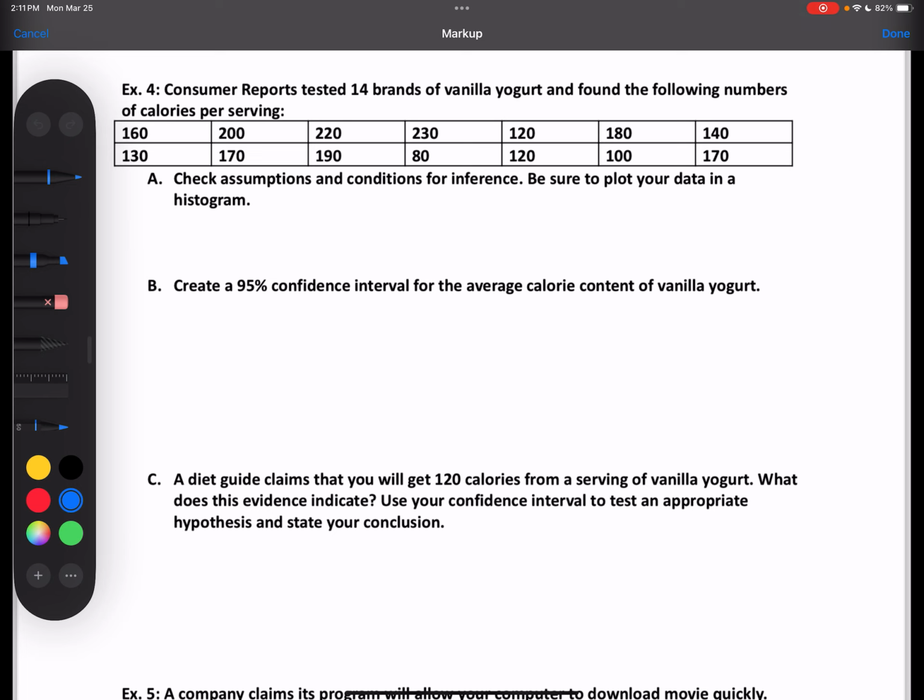All right, so are our assumptions and conditions met? Less than 10%, random, yes. Independent, yes. Nearly normal, I guess we'll have to check the histogram. We'll have to check that one. So for the moment, we'll say yes, but we'll look at it.